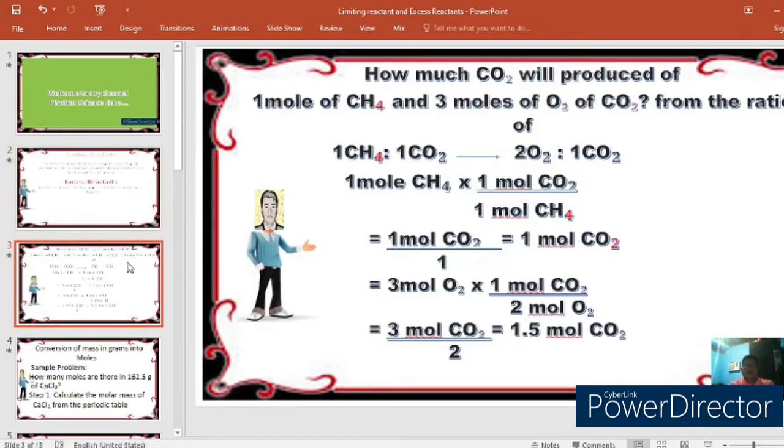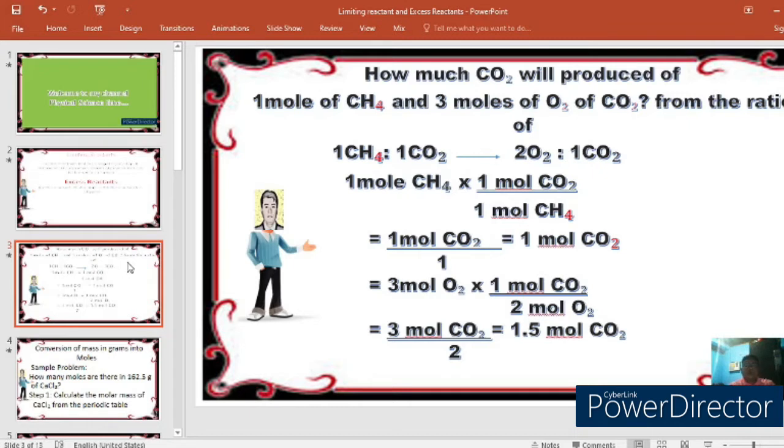Okay, we have a sample problem. How much carbon dioxide will be produced from 1 mole of methane and 3 moles of dioxygen? From the ratio, 1 CH4 is to 1 CO2 for the reactants, and for the products, 2 O2 is to 1 CO2.